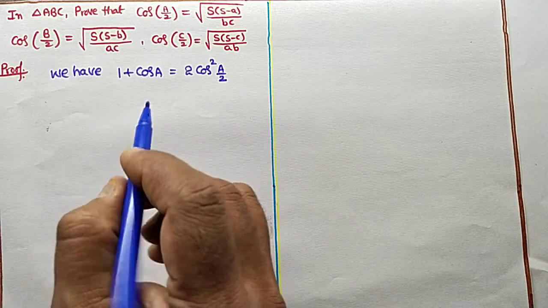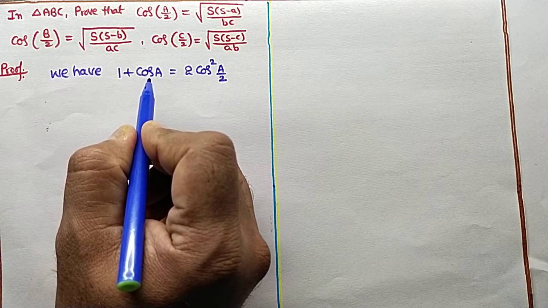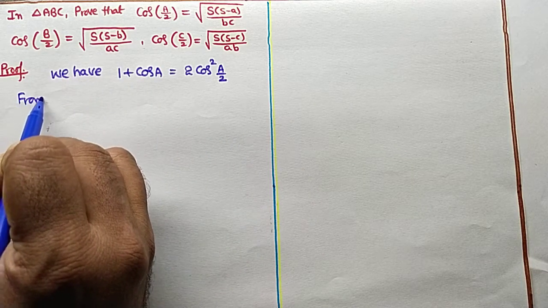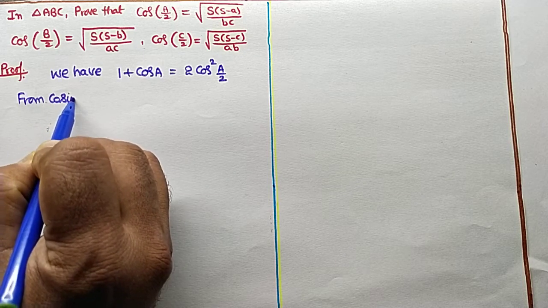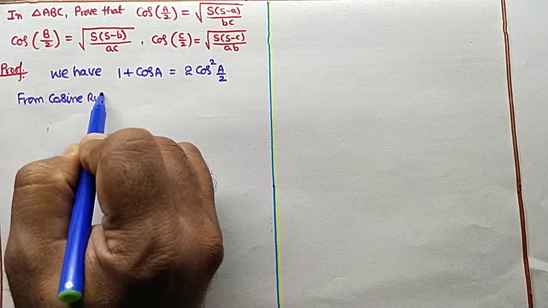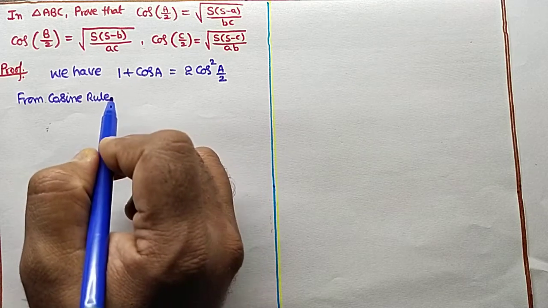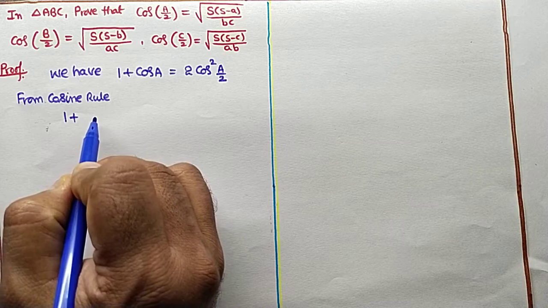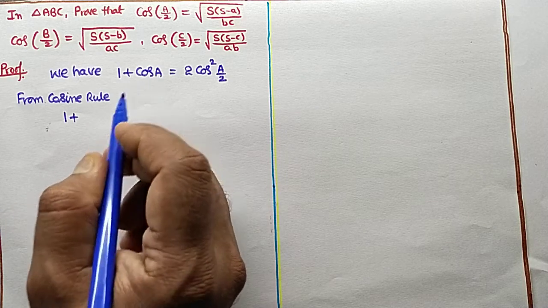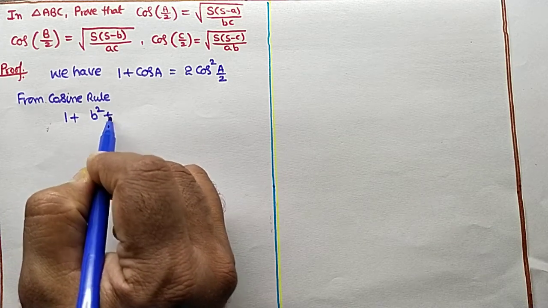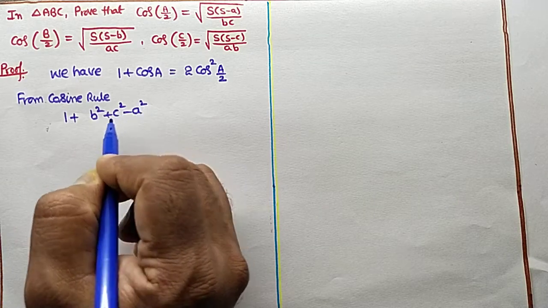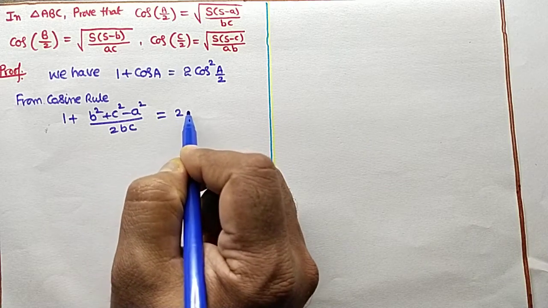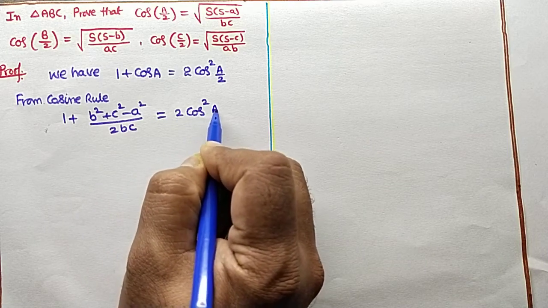After that, cos A value, we know that now from cosine rules. From cosine rules, cos A value substitute in this. Cos A value is B square plus C square minus A square divided by 2BC. So 1 plus B square plus C square minus A square divided by 2BC is equal to 2 cos square A by 2.